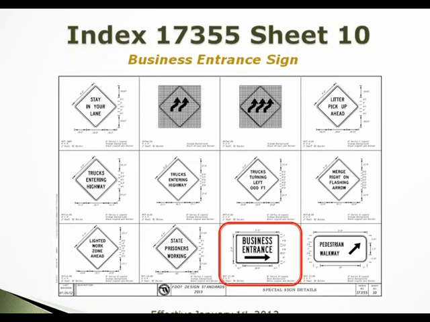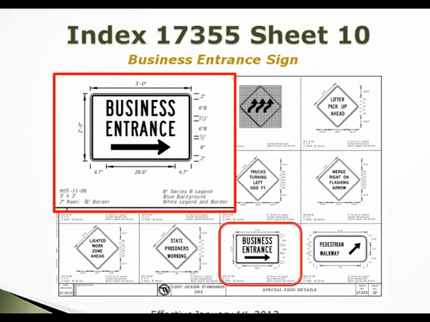The next change we have is in Index 17355. The size of the business entrance sign has been reduced. We started seeing some pictures on projects where the old sign was 3 foot by 3 foot, and if you look at the work zone sign supports, that required a 2-column sign. And we were seeing multiple instances of where this sign was used with 2-column signs, and it really needed to be on a single column sign.